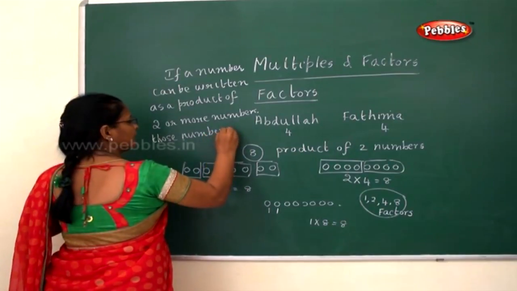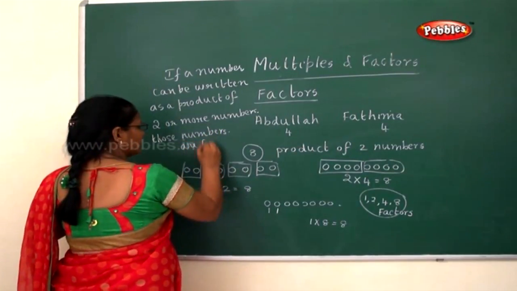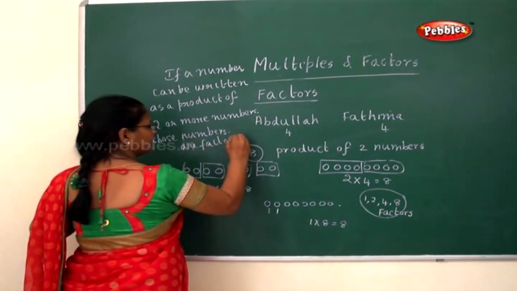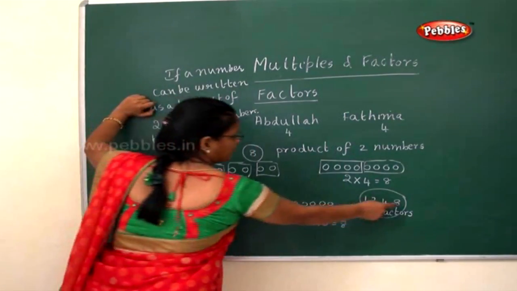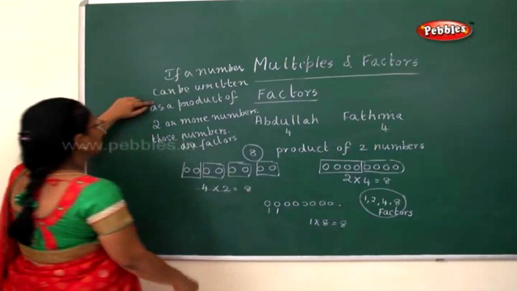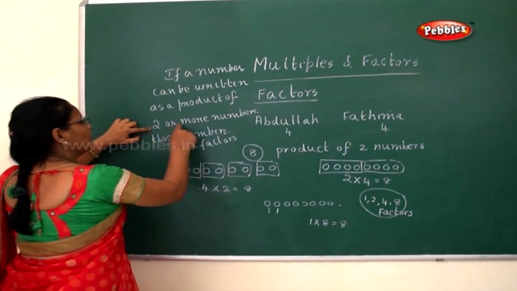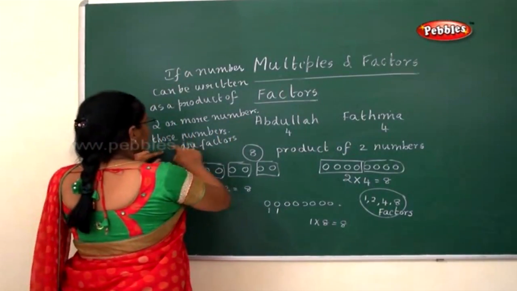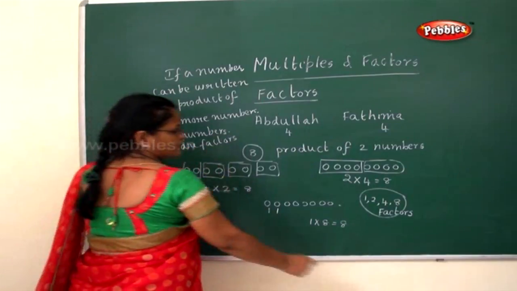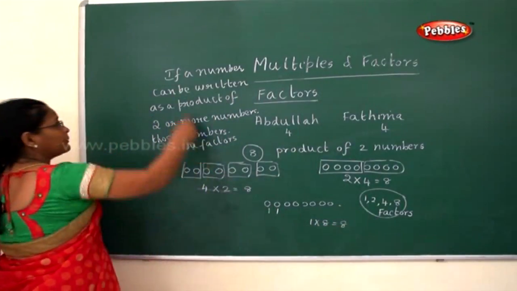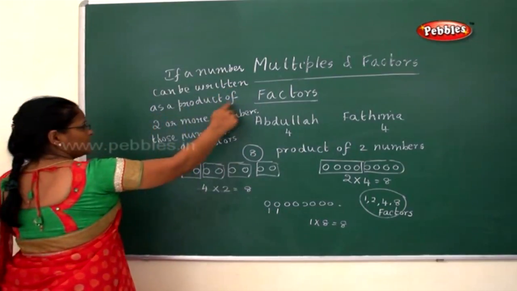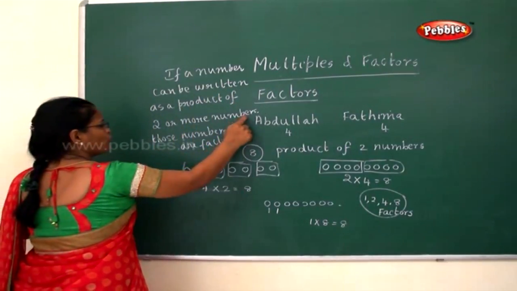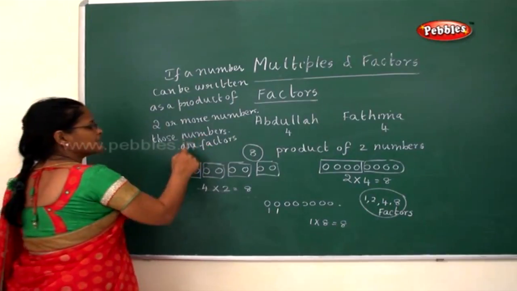I'll repeat once again: if a number can be written as a product of 2 or more numbers, those numbers are called factors.